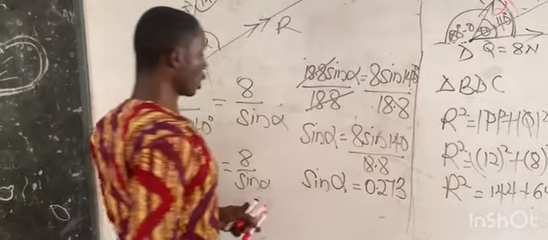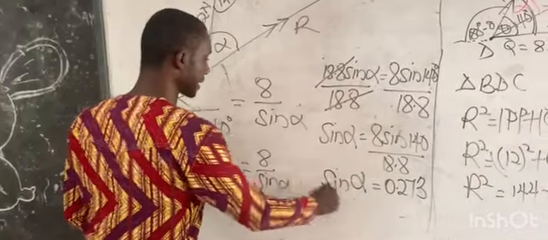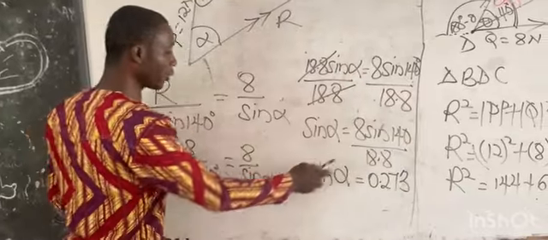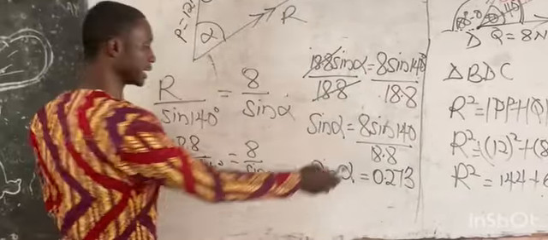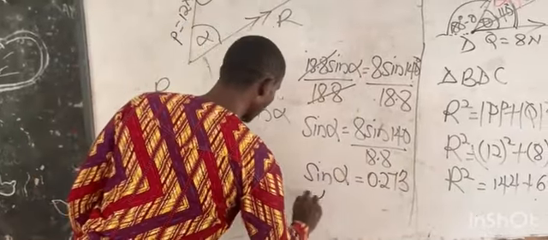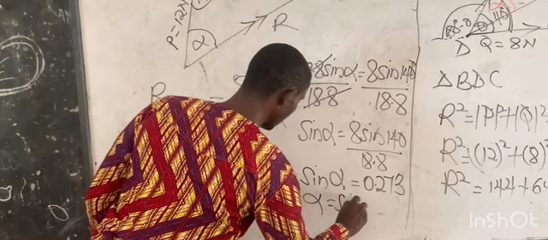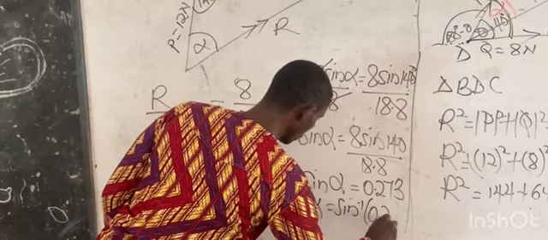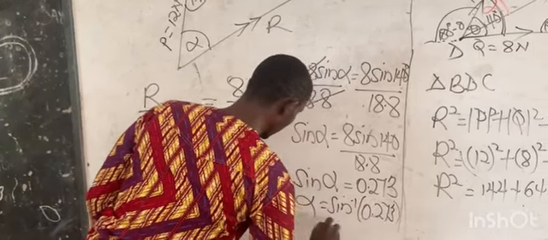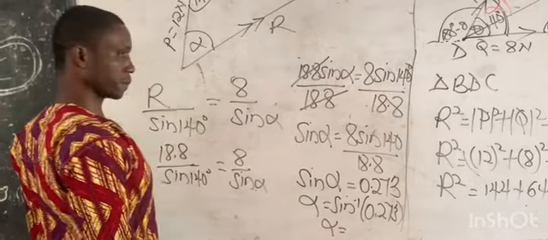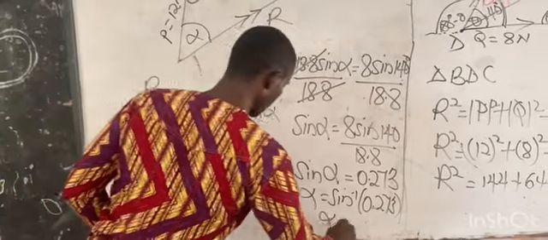Now we want sine inverse, or you can take sine from both sides. Sine of sine alpha will give you alpha, or take sine inverse. So alpha is equal to sine inverse of 0.273. Alpha is equal to 15.842.